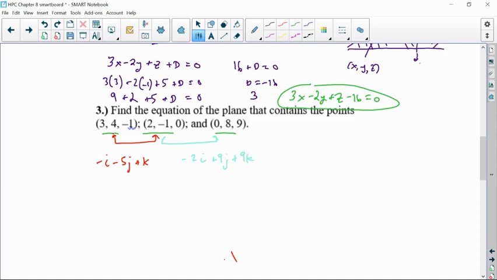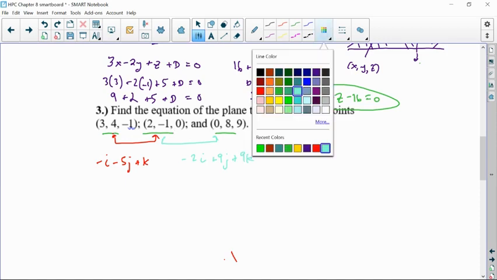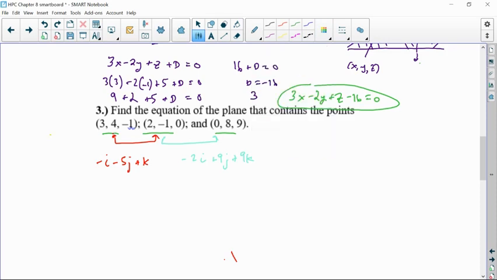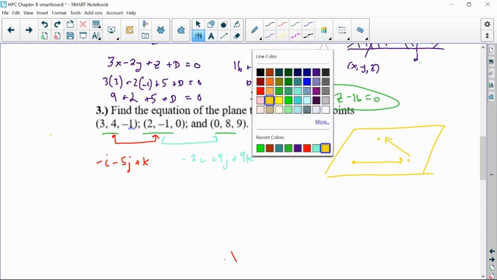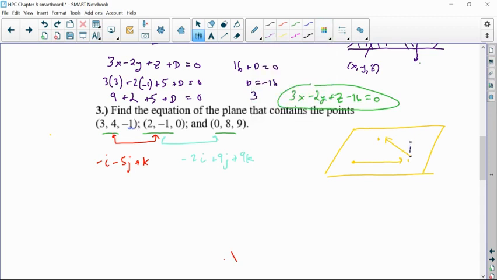So from these 3 points, and again thinking of it from a geometric point of view, here's your plane. Just draw a 3-dimensional plane. You have these 3 points, point 1, point 2, point 3. What we're doing is finding 2 vectors, let's say 1 to here, and then here to here. It doesn't really matter. So I found those 2 vectors. Then I'm going to find the cross product of those 2, because that's guaranteed to be perpendicular.